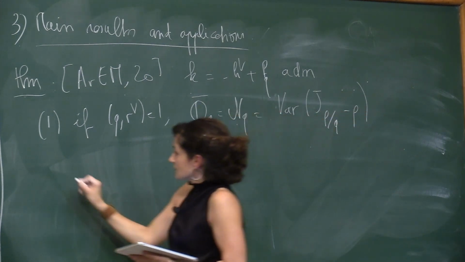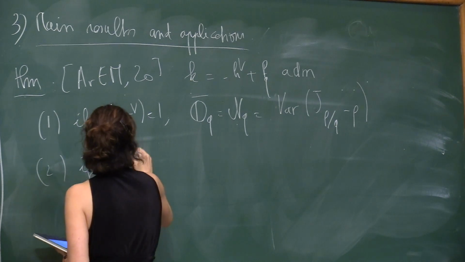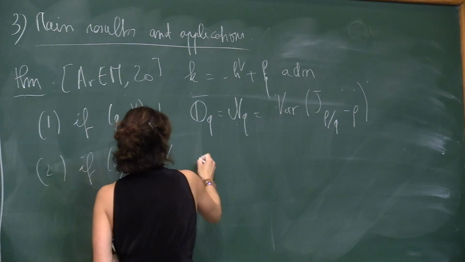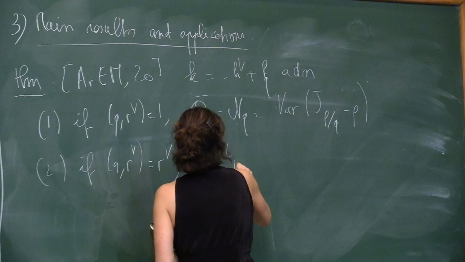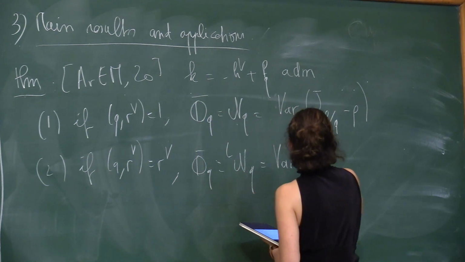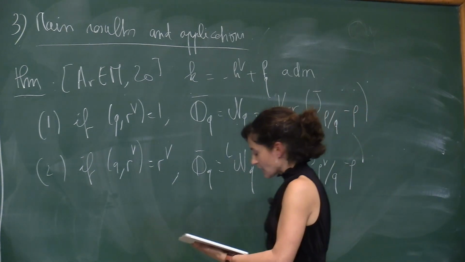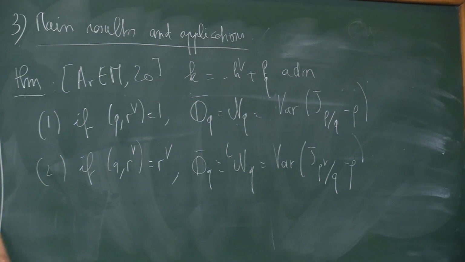And in the second case, we just replace rho by rho check. So it's quite uniform. All right, so this is the statement.